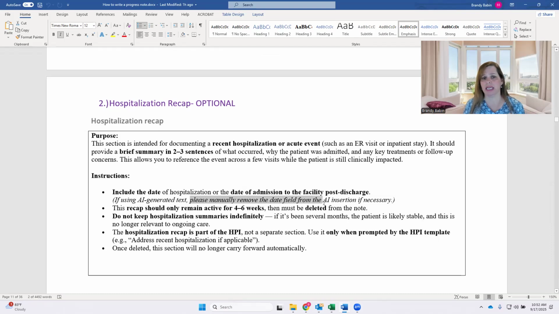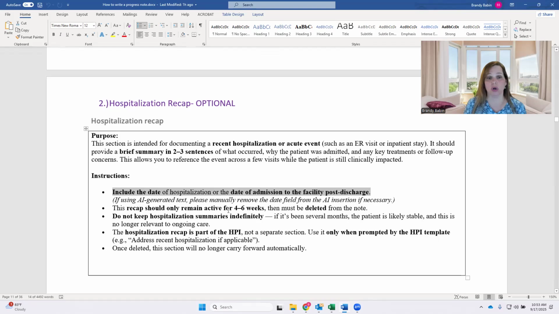If you're using AI, get rid of the date once you've put it into the AI system. If you're not using AI, then you don't have to worry about it. But put either the date of the admission to the facility, post-discharge, or they were admitted into the hospital in May and they didn't come out to the SNF until August, like however long it was.